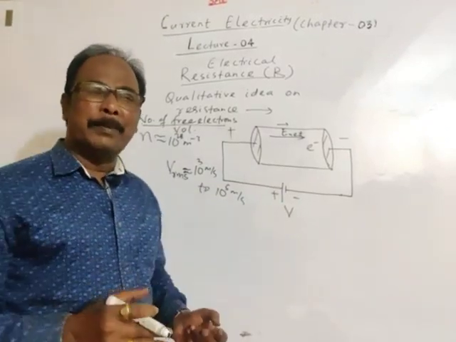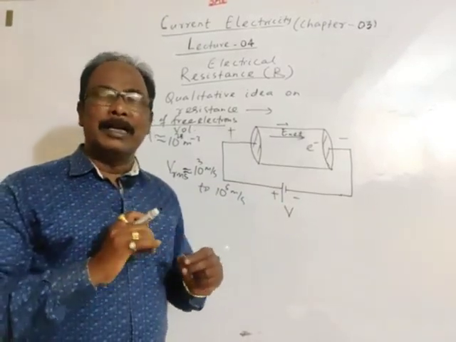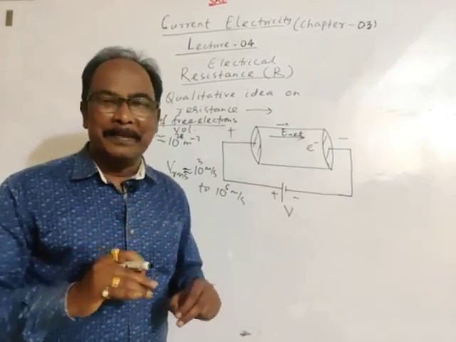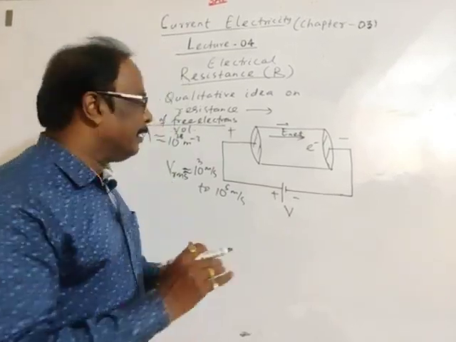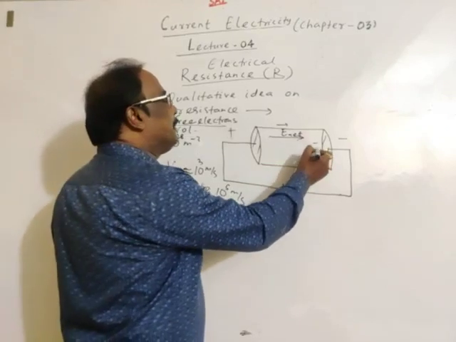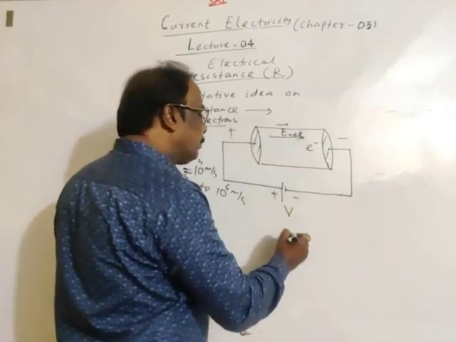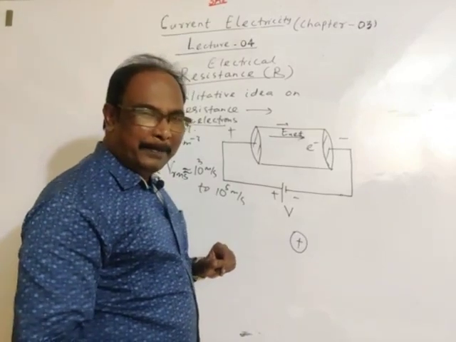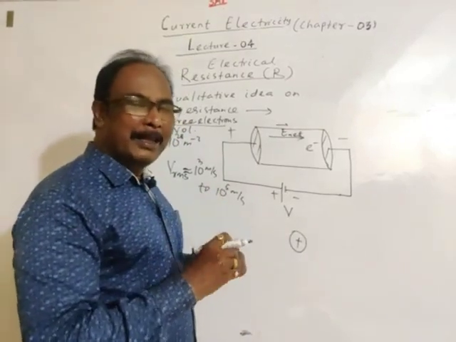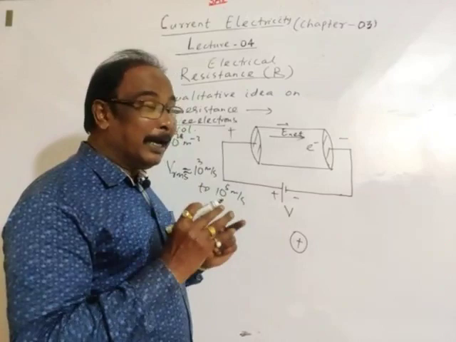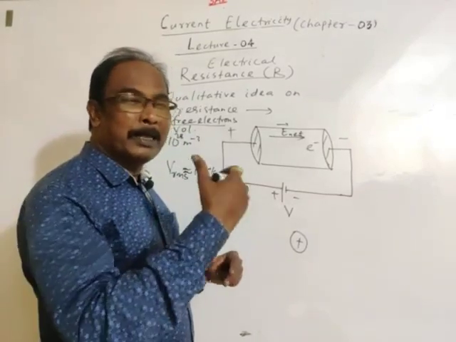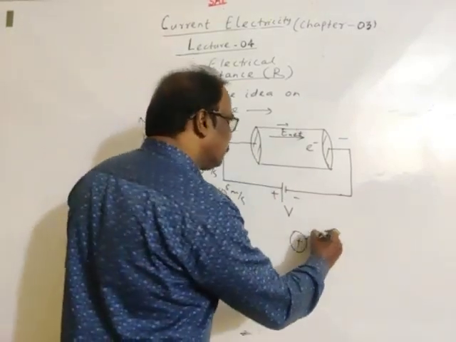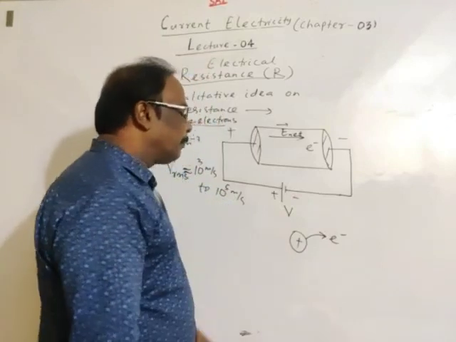All this concept we have already discussed very nicely in previous lectures, and I am recalling it again. How are free electrons produced? An atom is electrically neutral. When the atom gains energy, the electrons from the outermost orbit escape out from the atom.